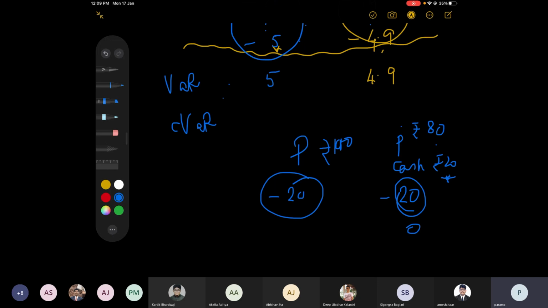So share prices have fallen, but you can buy more of P so that your portfolio which has become 60 can again be made 80, because now with this cash you can buy more stocks and bring it back to 80. So this portfolio can remain at 80. So the risk reduces when you keep cash with you.